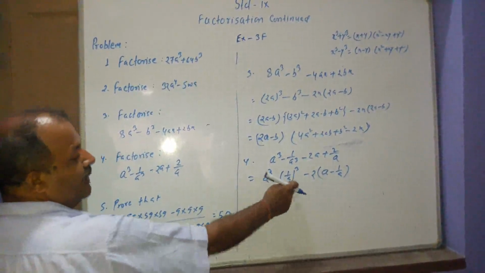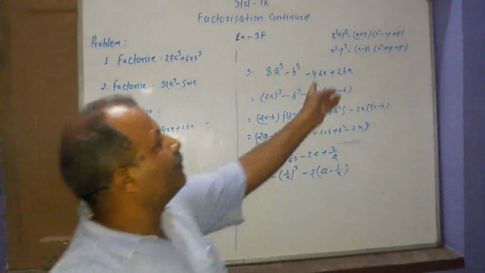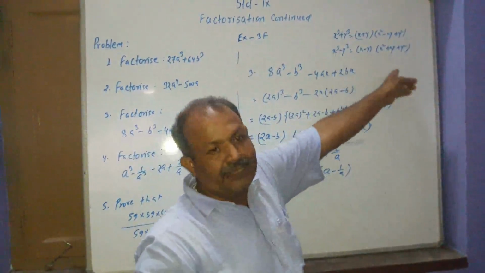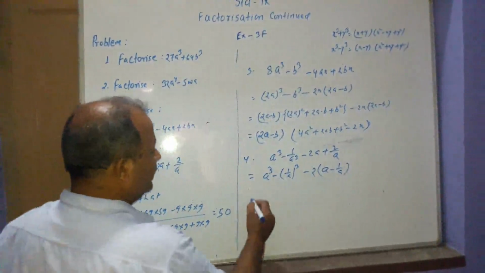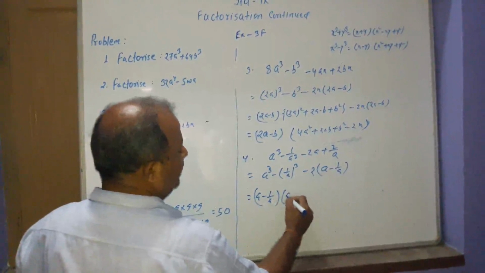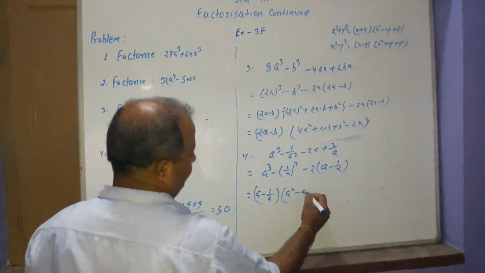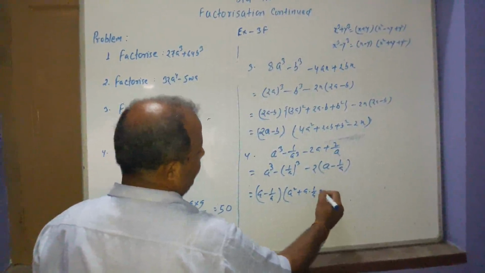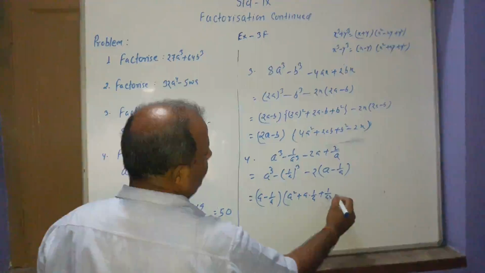It is of the form a cube minus b cube, and therefore this identity will be used here. We have a minus 1 by a, and this will give a square plus a into 1 by a plus 1 by a square.